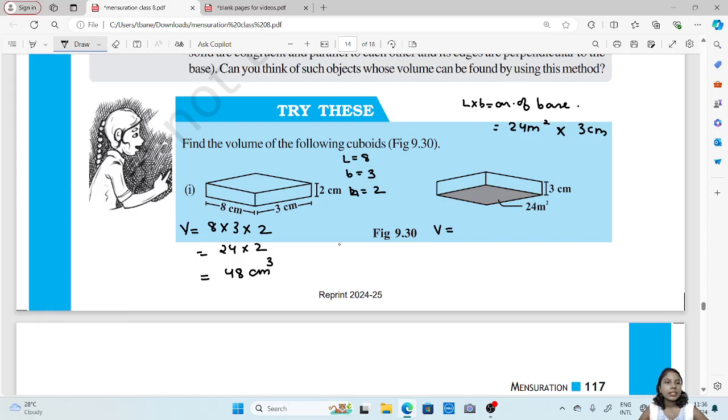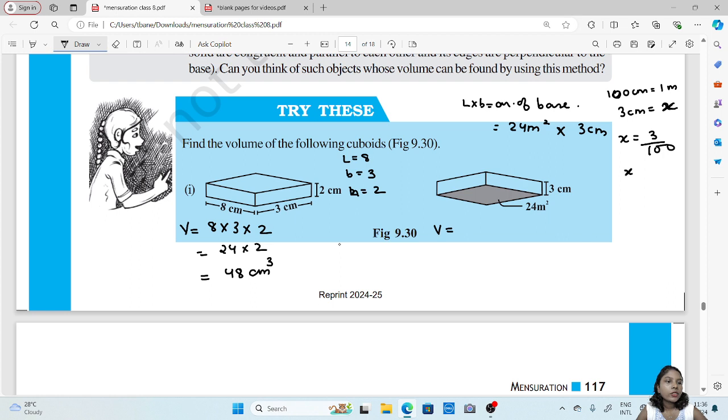So we know that 100 centimeter equals 1 meter. Then 3 centimeter is this x. How much will x be? It will be 3 upon 100.